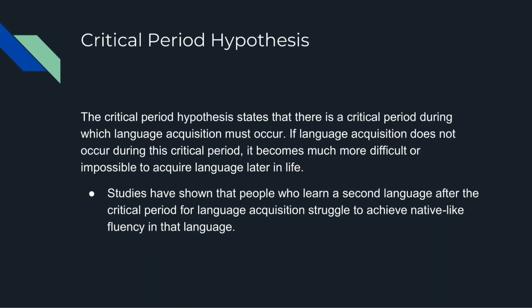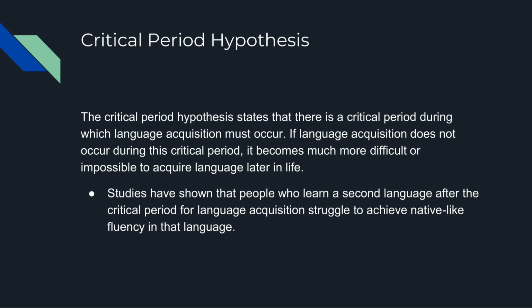The next important topic is the critical period hypothesis. It says that when a child does not receive any input about language in their life for some particular period, then it will be very difficult for them to learn language after that period, or they can't even learn it at all. The critical period hypothesis states that there is a critical period during which language acquisition must occur.